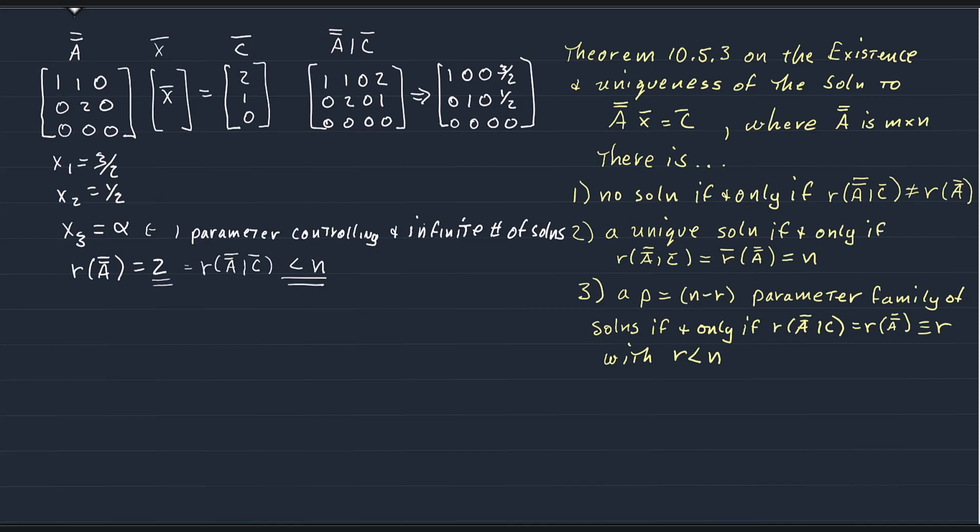And so if we have fewer than the number of columns, then we have P equals n minus r, in this case 3 minus 2, which is equal to 1. So there's P equals 1 parameter that controls the family of solutions. And it's a non-unique family of solutions.